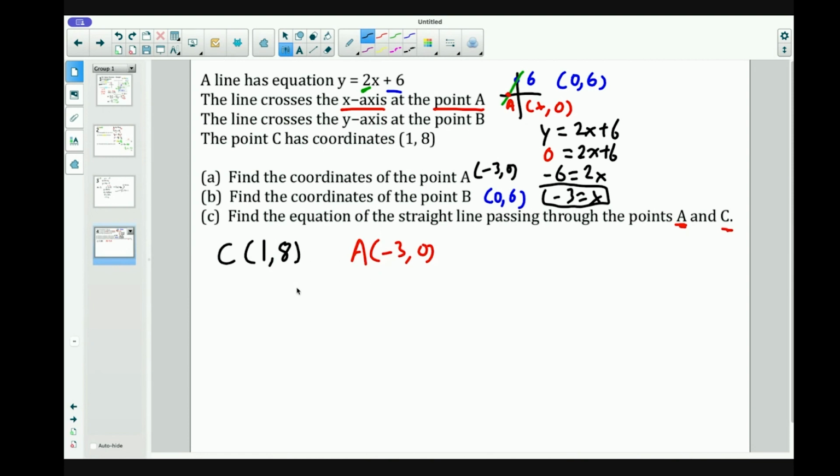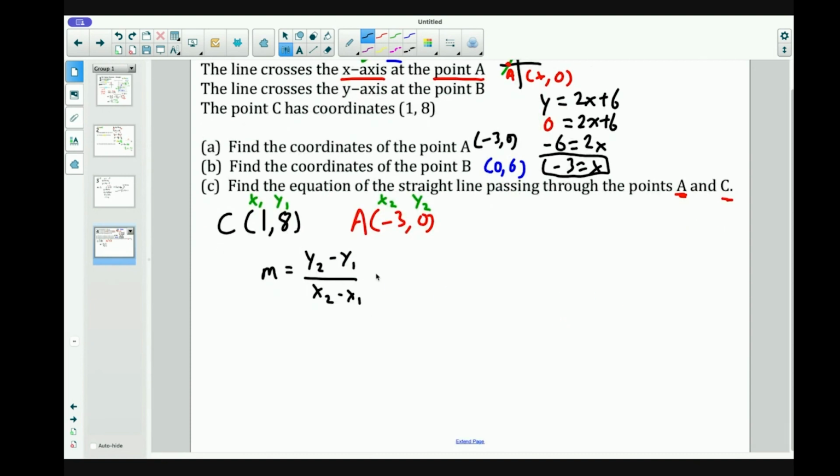So what we're going to do first is look for the gradient between those 2 points. It doesn't really matter which one we label as x1, y1. So let's call this x1, y1. Let's call this x2, y2. And we're going to use the equation m is equal to y2 minus y1 over x2 minus x1.